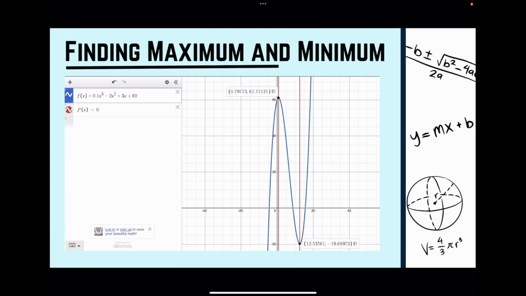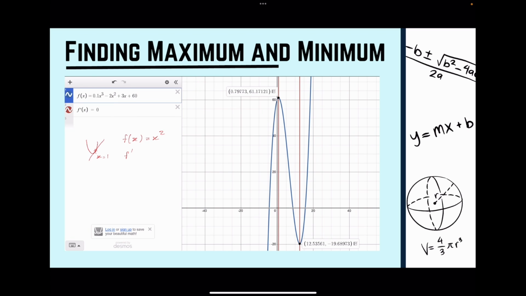Before we find maximum and minimum, we need to understand how derivative works. Let's say we have a graph here, and the function of the graph is x squared, and we have a line that is tangent to the graph at the point where x equals 1. So how can we find the slope of the line? It's simple. We can differentiate the function.